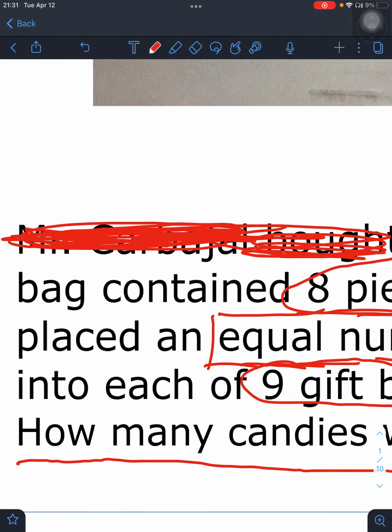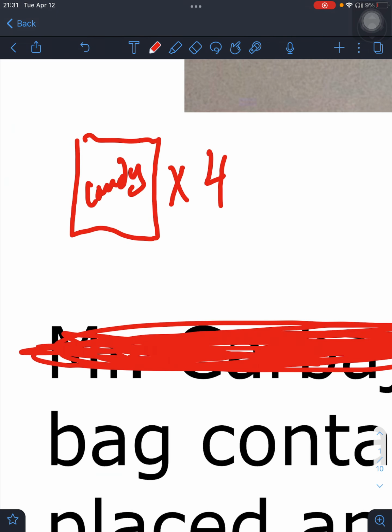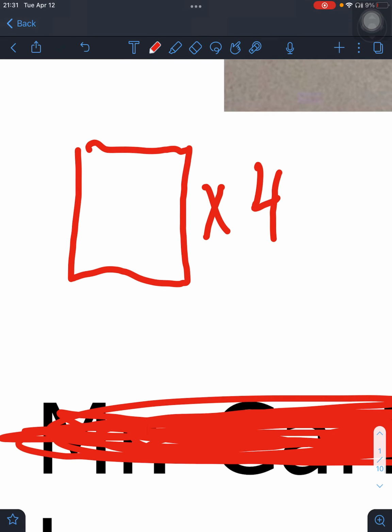Here's my equation. Here's my sketch. Here's my 4 bags of candy. There's my bag. Took me 5 seconds to draw it times 4 of them. So this is my candy bag. I got 4 of them. Each bag contained 8 pieces of candy. So inside of each one of these bags, there are 8 pieces of candy.